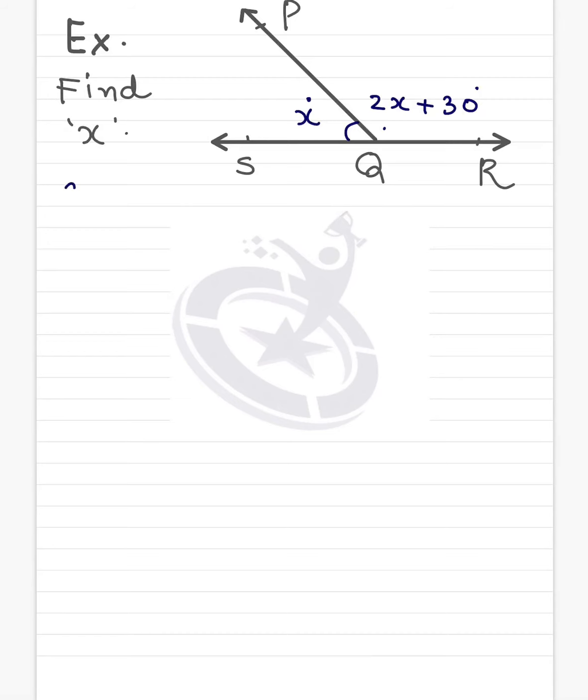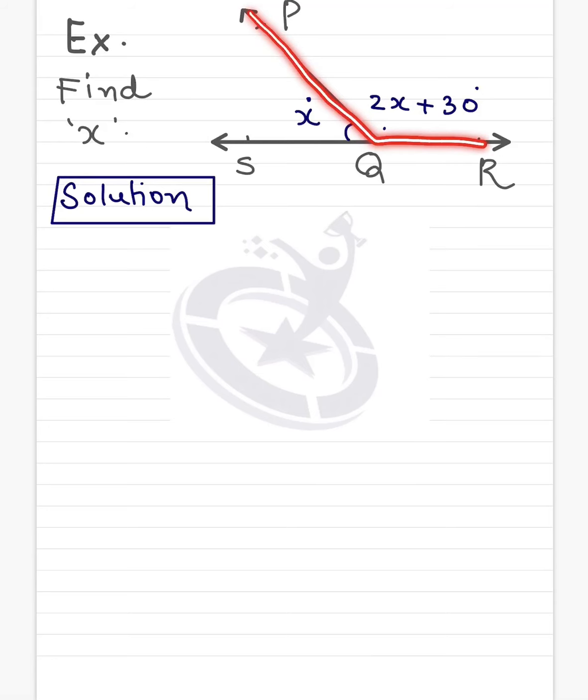You can see these two angles are in a linear pair. The name of these angles: this angle is angle PQR and the other angle is angle PQS. Both the angles lie on the same line, so they form a linear pair. If two angles are in a linear pair, then the sum of their measures is 180 degrees. Obviously they are supplementary, right?